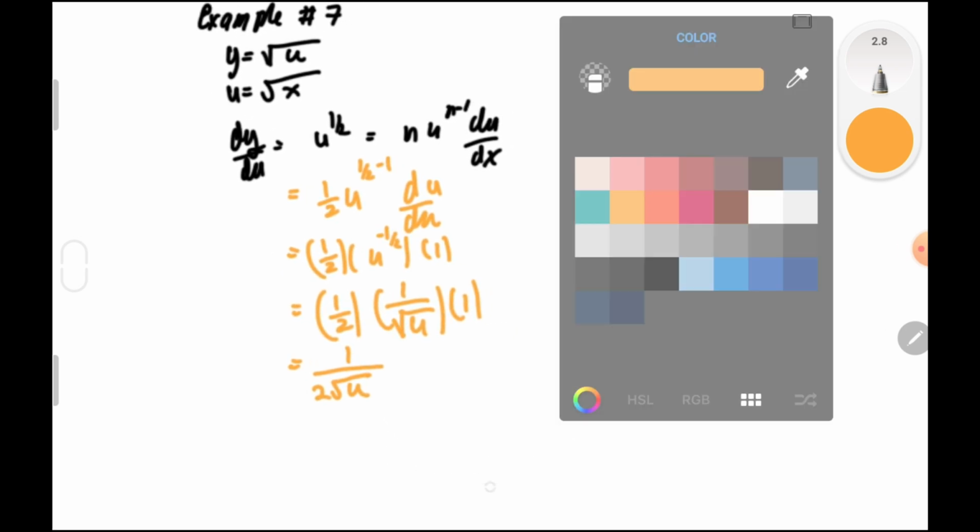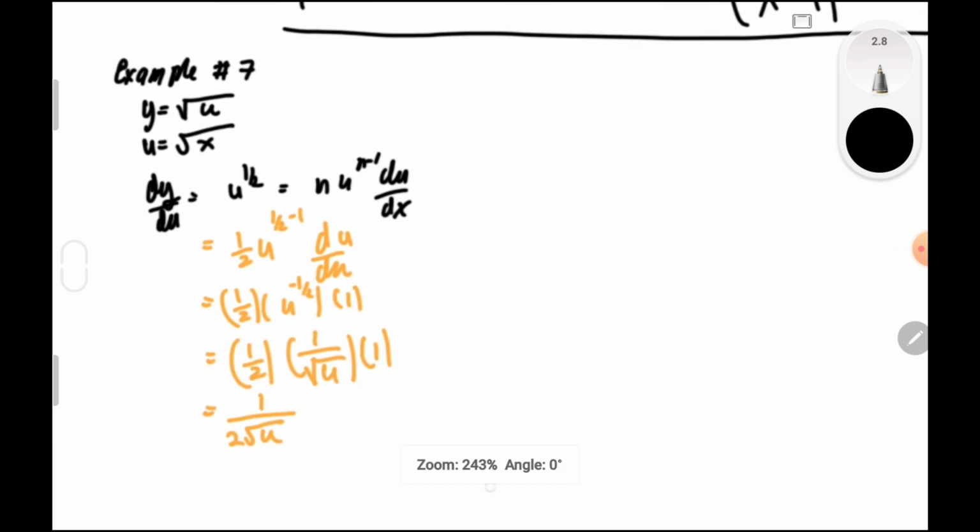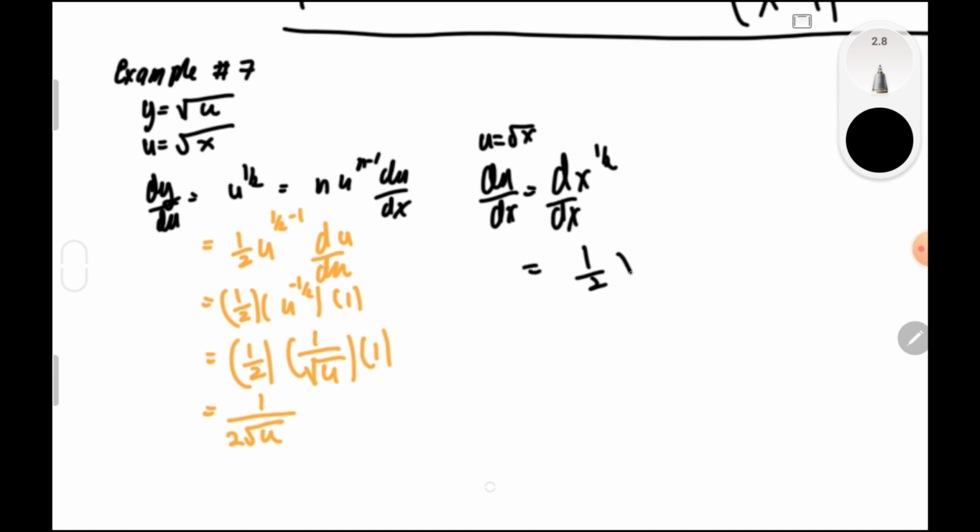Next, for our u, we'll have u is equal to square root of x, so du over dx is x raised to 1/2. The derivative with respect to x will be 1/2 x raised to negative 1/2, which is 1/2 multiplied by 1 all over square root of x.